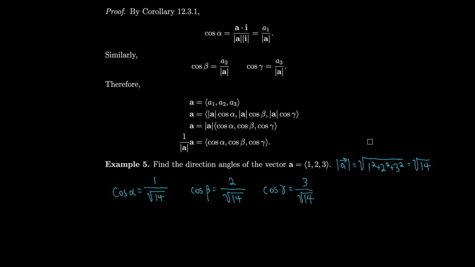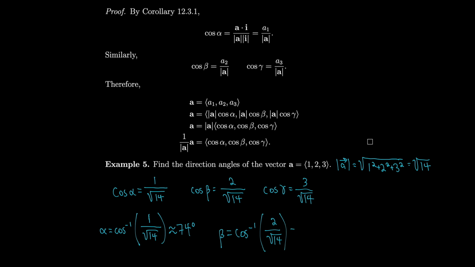Okay, so now let's solve for the direction angles by taking cosine inverse. So we get alpha must be cosine inverse of 1 over square root of 14, which is about 74 degrees. Then beta must be cosine inverse of 2 over square root of 14.